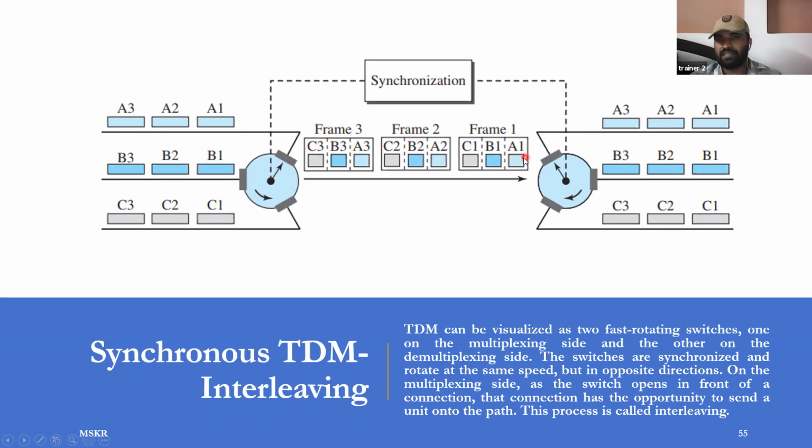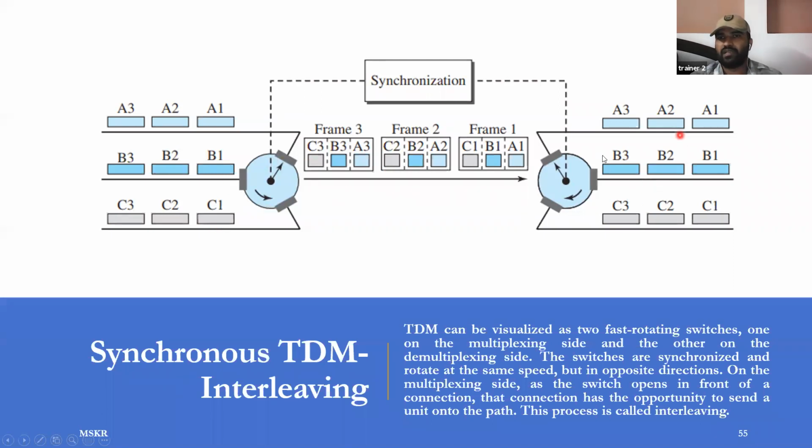Now when they are received, first A1 will be received, then this will move to B, so next B1 will be received, then C1 will be received. Then when the hand moves back to A, it will send A2, then it moves to B, send B2, then it moves to C, send C2.